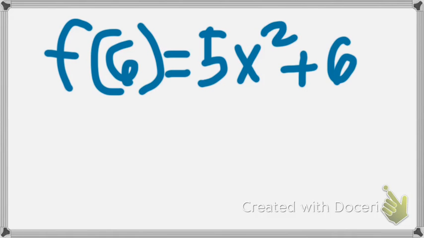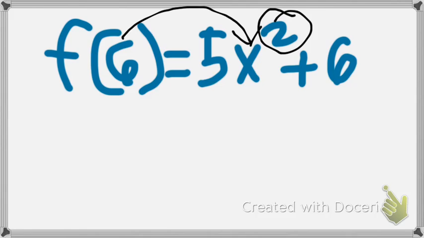The next one is a tiny bit trickier, but nothing we can't handle. A quadratic function has a square, hence the name, so you're going to have to square. What you're going to do is plug 6 into x.